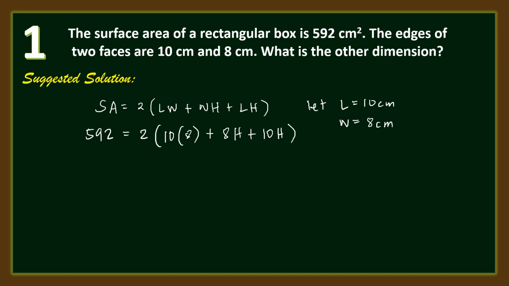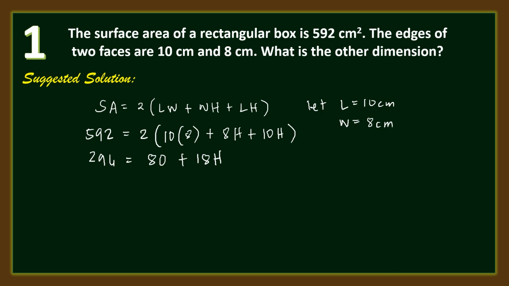Dividing both sides by 2, then we will get 296 is equal to 10 times 8 is 80. 8 times the height plus 10 times the height is equal to 18 times the height, or 18h.